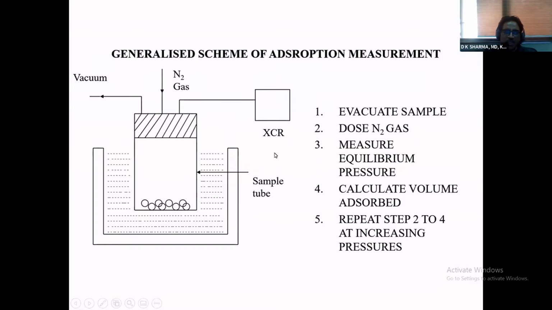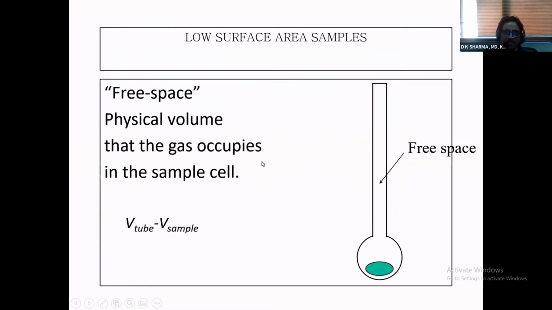Start measuring the equilibrium pressures and calculate the volume adsorbed. Remember, volume adsorbed is not a measurement here. Volume adsorbed is a calculation. Once you get the value of volume adsorbed versus the equilibrium pressure, repeat those cycles and get the entire isotherm.